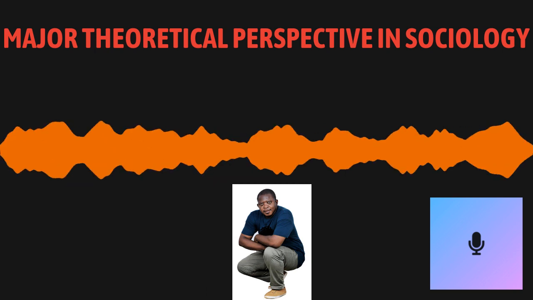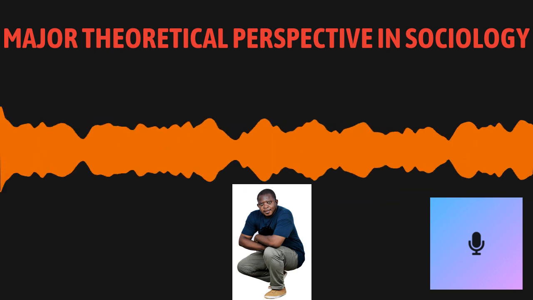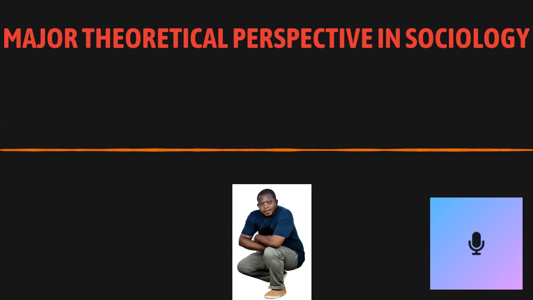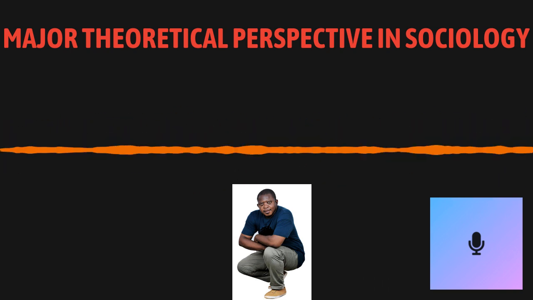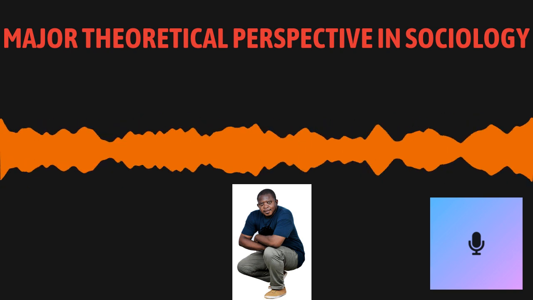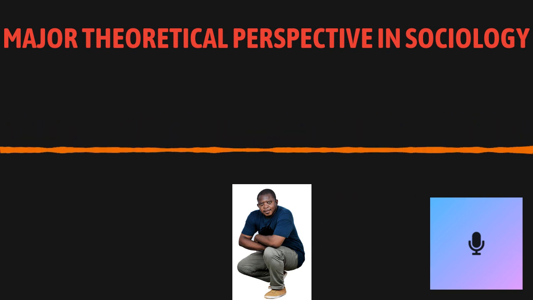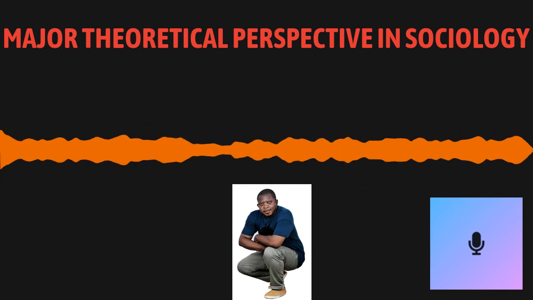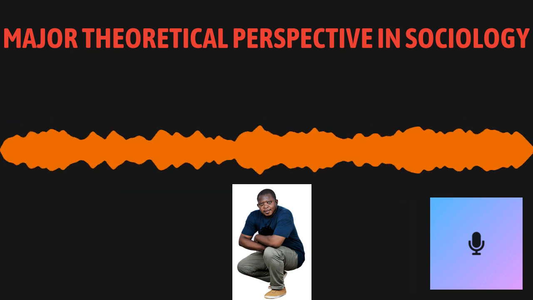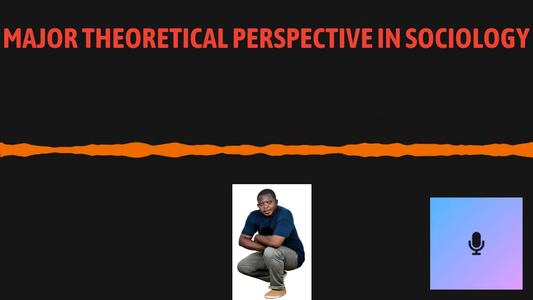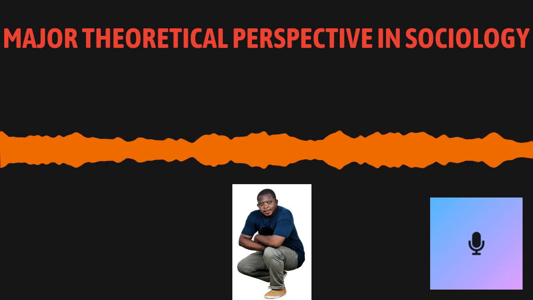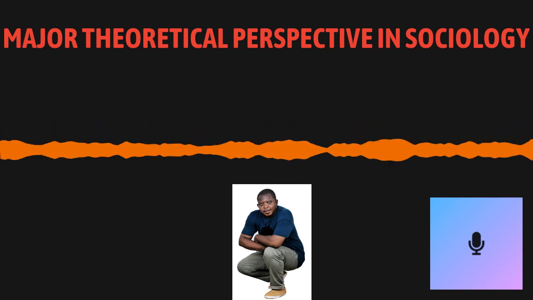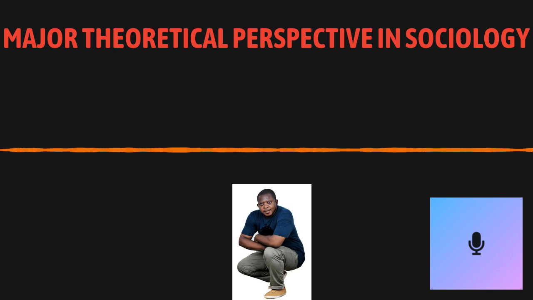So, the major theoretical perspectives in sociology that we are going to look at here have been employed by these social scientists so that we can understand, explain, analyze and interpret the social phenomena that happen around us.